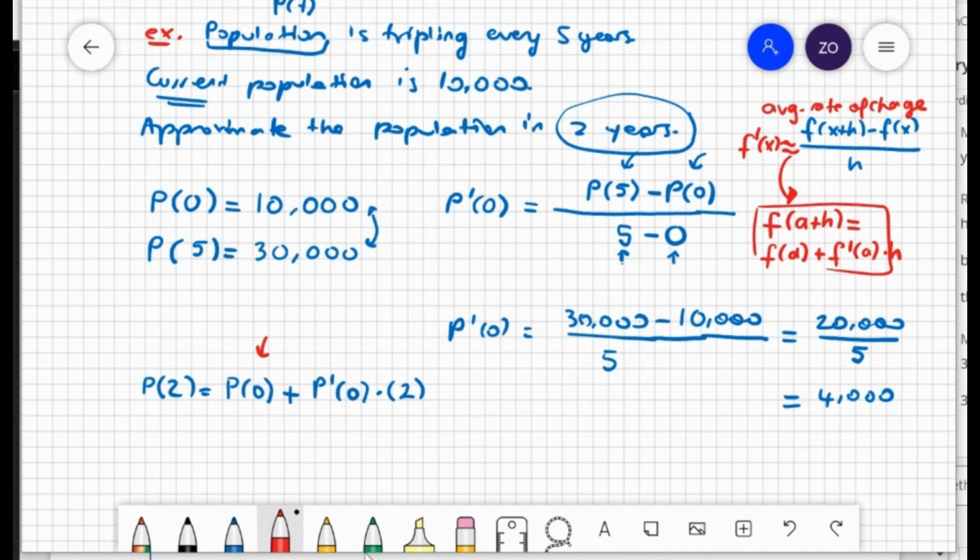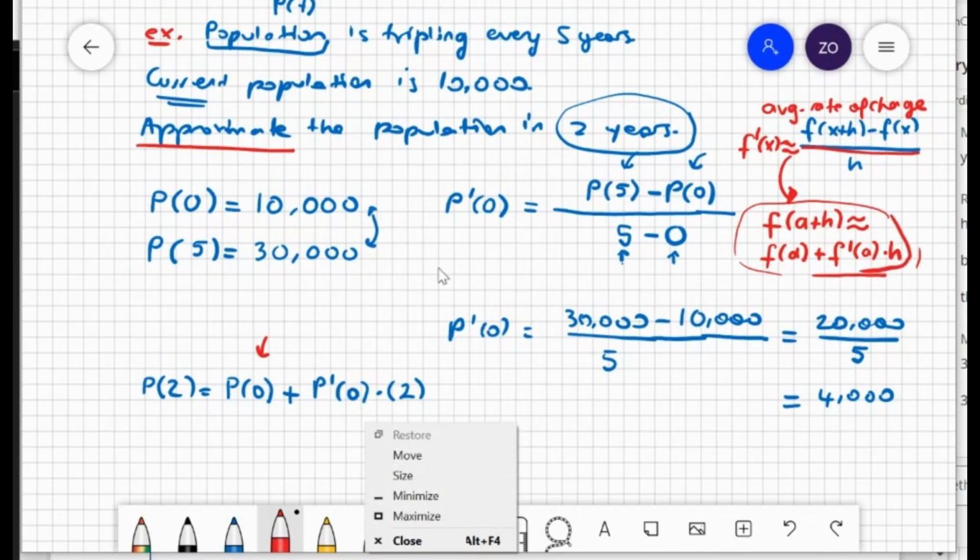So this was the formula we had in the book. I just went over that equation, and we said that this is approximate, because the derivative equals the limit of this expression. If you don't take the limit, you can just use the average rate of change for an approximate value.